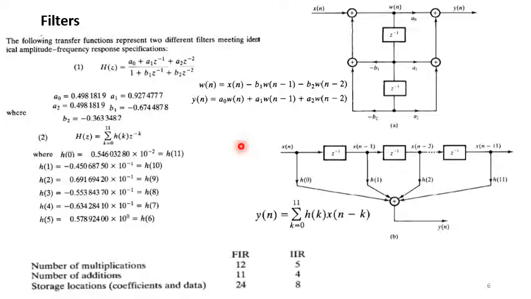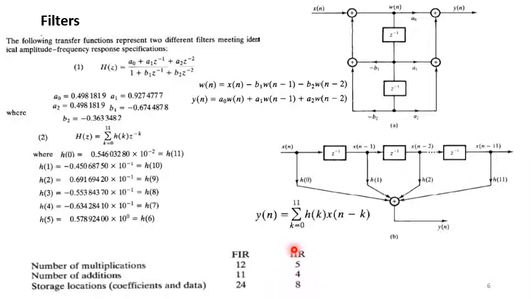But by looking at the number of multiplications required, in the case of FIR we need 12, whereas in IIR we need 5. Definitely we would like a system that requires fewer multiplications and less storage. Also for the number of additions required, here we have to add 11: h(0)x(n) plus h(1)x(n-1), and so on.